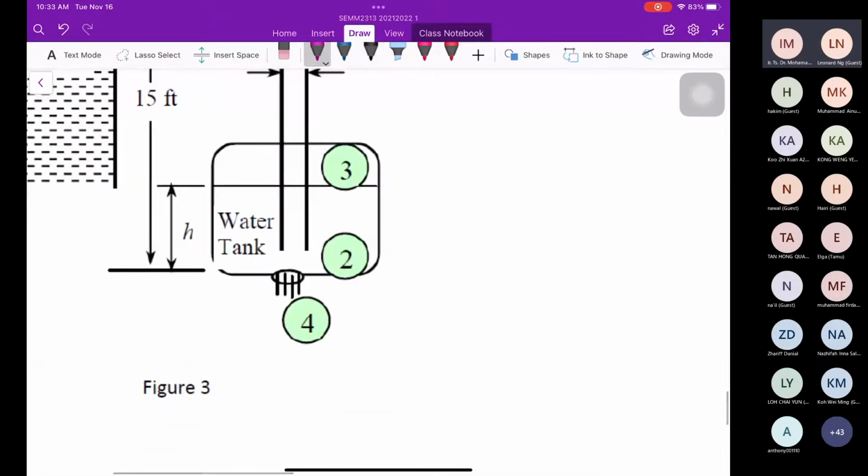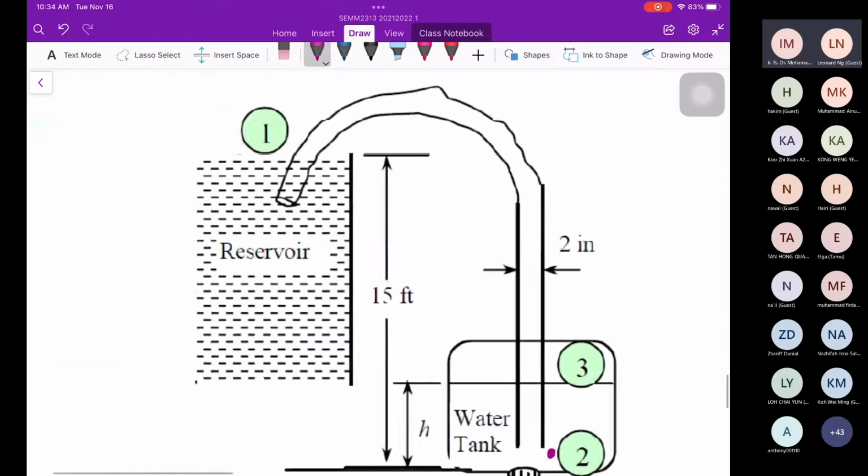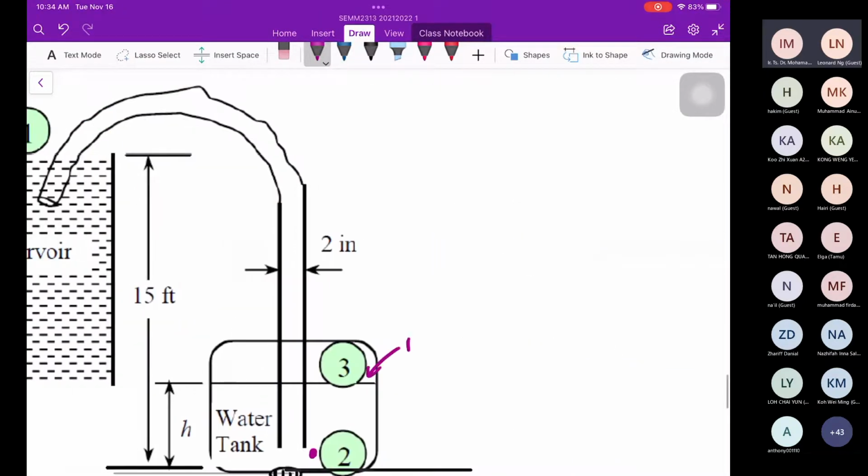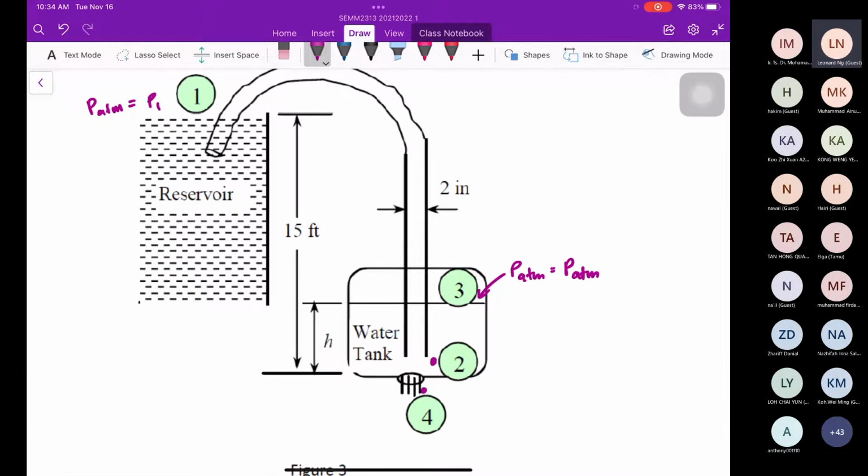Let's say this is P2, this is P4. You can see the pressure at 1 is equal to P atm, and this is also equivalent to P atm as well.